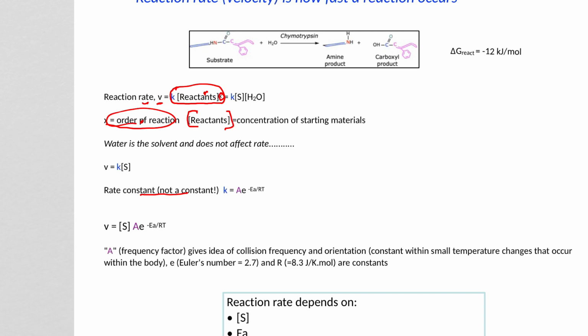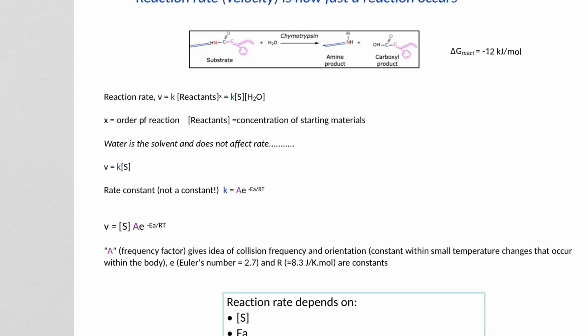So basically the reaction velocity is equal to the rate constant multiplied by the concentration of the starting materials, the substrates or the reactants.